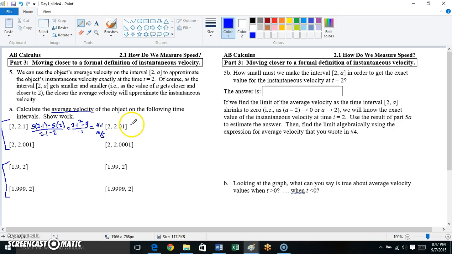Here we have s of 2.01 minus s of 2 over 2.01 minus 2. All right, so 2.01 squared minus 4 over 0.01 is 4.01 meters per second.